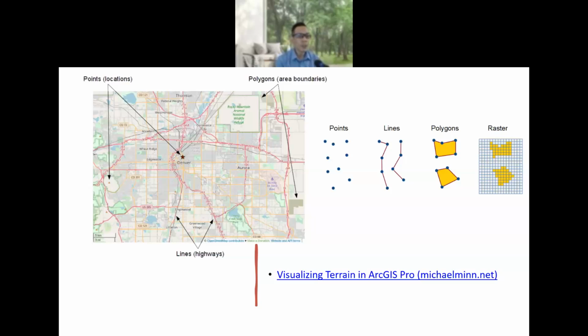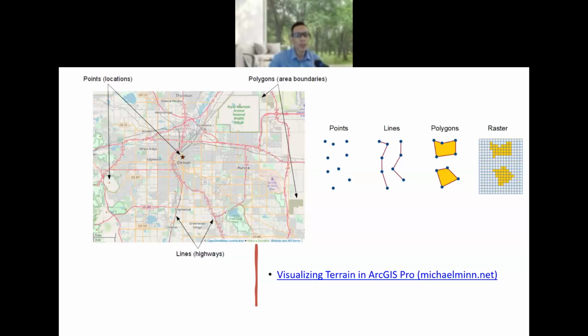For spatial epidemiologists, we have that spatial data. We analyze, trying to understand the relationship between the coordinates and also the factors. So in the map there, you can see lines, which basically represent highways. You have points representing locations of certain things, and then you have polygons, for example buildings.